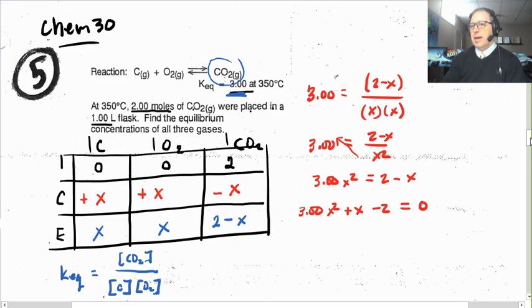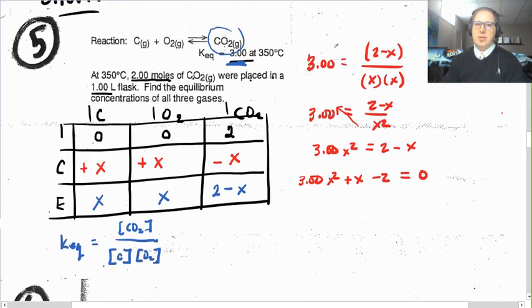Okay, and you might want to ask yourself, can I factor this by sight? Can I factor it like this, or do I have to use the quadratic equation? And if you're unsure, you can just give it a test. So this is going to be 3x and x here, because that's what's going to multiply to 3x squared.